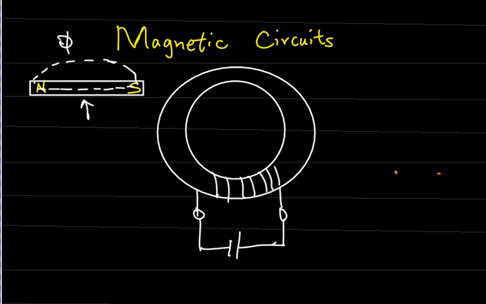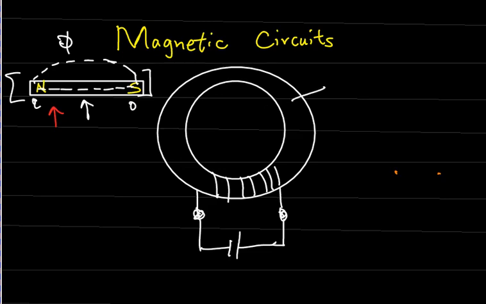Now apart from the magnetic circuit that is established by a bar magnet, because this right here already has a north pole and a south pole, we can actually have that in an electromagnetic circuit, where you have a coil of wire wound around a core.